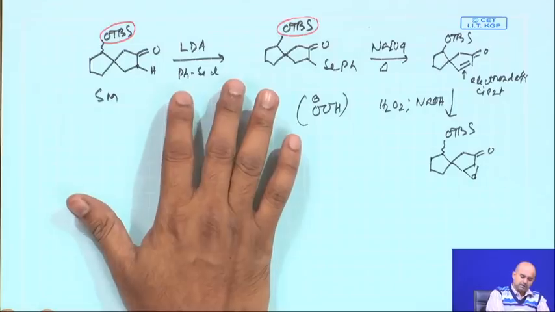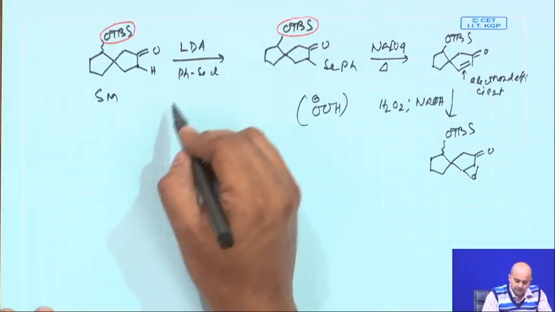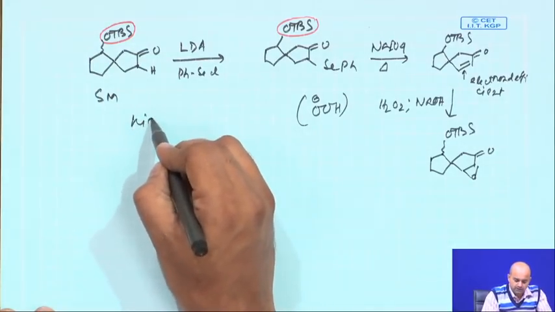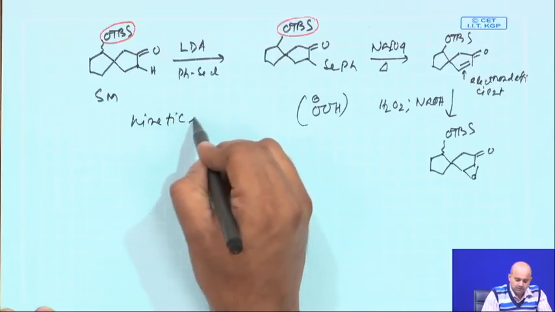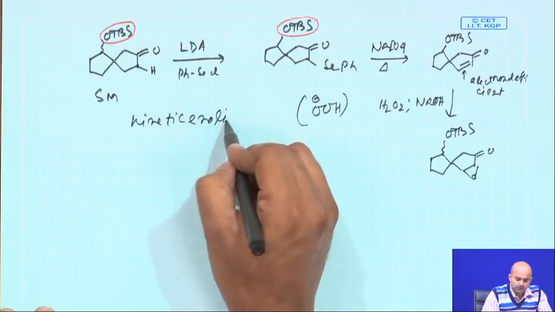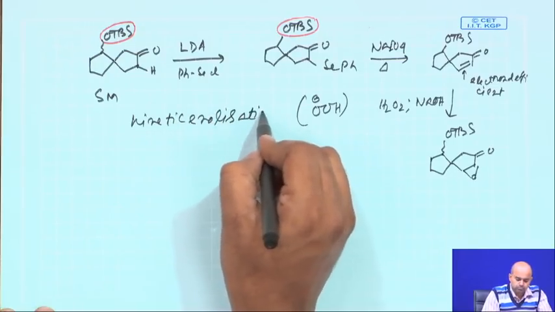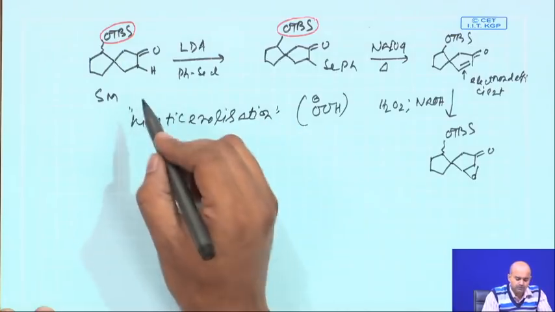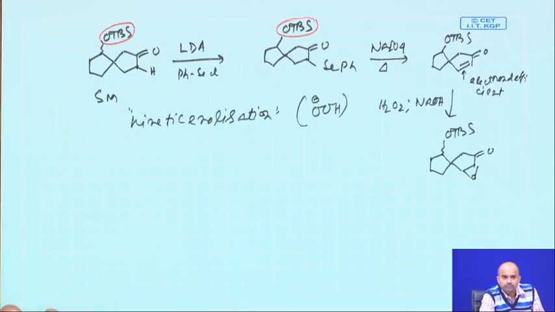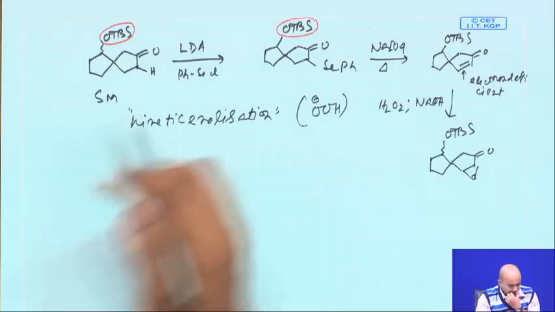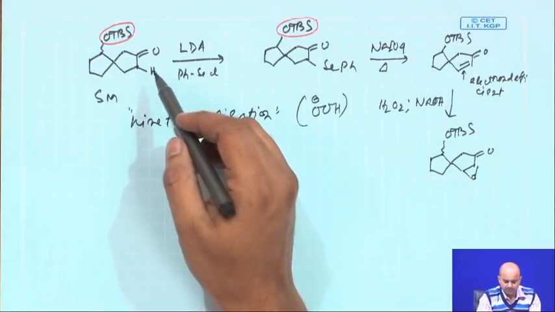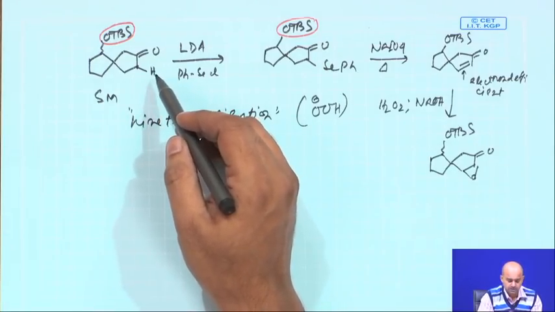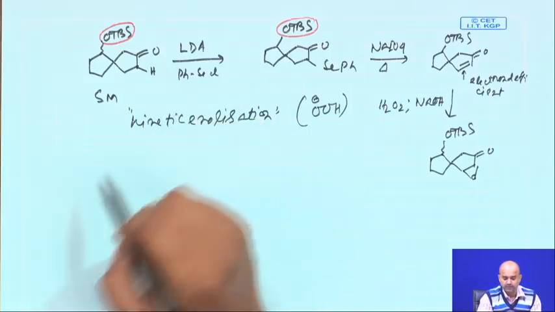The initial step is a kinetic enolization, because the steric bulk of this OTBS group will make it possible that the sterically less crowded, or less congested, hydrogen will be abstracted by the base.